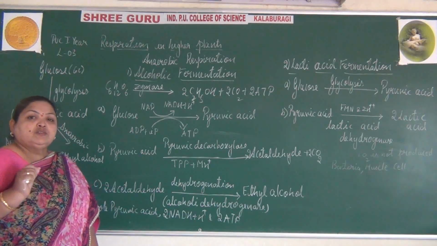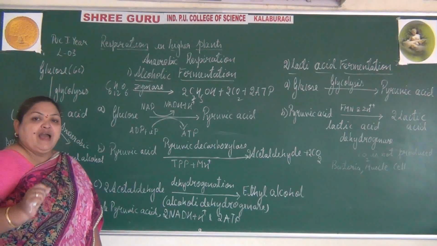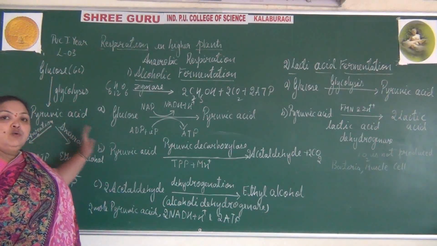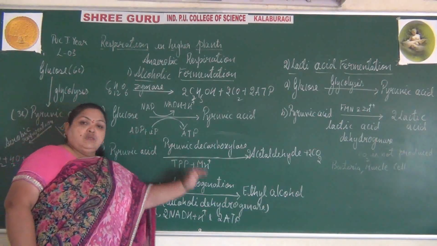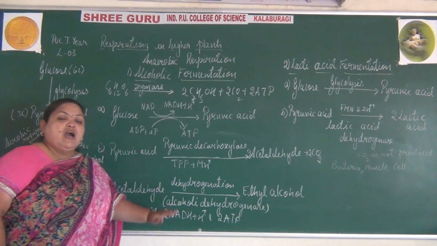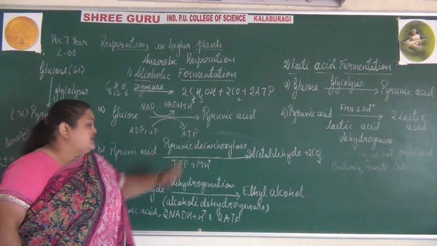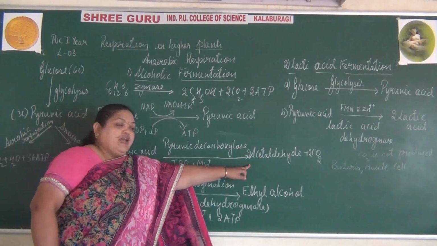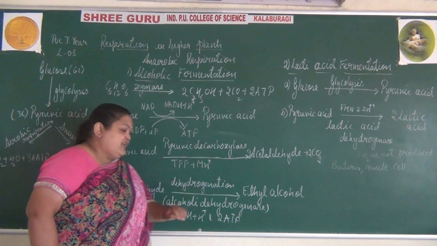Louis Pasteur formulated the process of fermentation, and especially alcoholic fermentation occurs in the absence of oxygen, where you can see that the glucose molecule is broken down to simple components and many intermediate products are formed. So glucose is converted into pyruvic acid. Pyruvic acid undergoes decarboxylation to form acetaldehyde. So the intermediate product is 2 acetaldehyde.